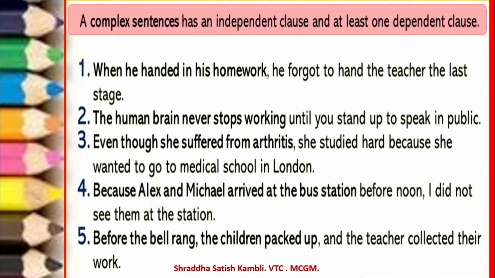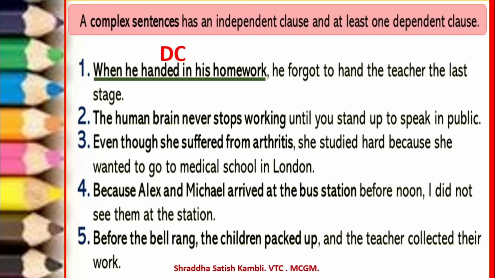So which is the dependent clause here, children? When he handed in his homework. This is the dependent clause. Why? Because it is not giving you any kind of complete meaning. When he handed in his homework, what happened? Did he fall? Did he forget? Did his teacher hit him?